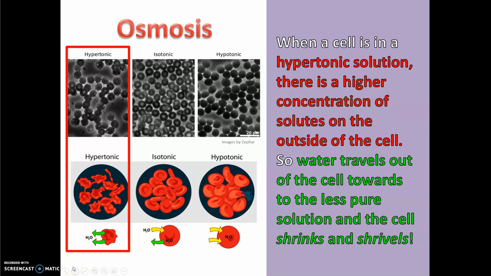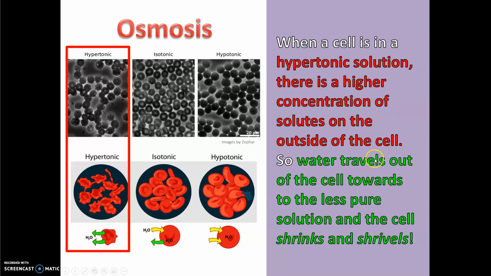When a cell is in a hypertonic solution, so here we have a hypertonic solution, it has a higher concentration of solutes, so dissolved particles, on the outside of the cell. So out here we will have a lot of salt or sugar, and this is what the cells will look like.